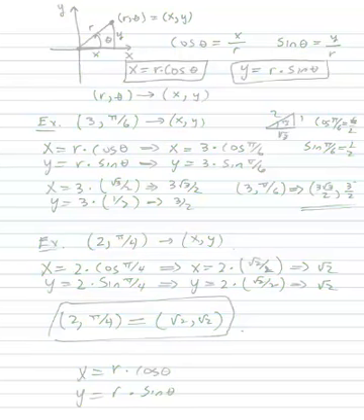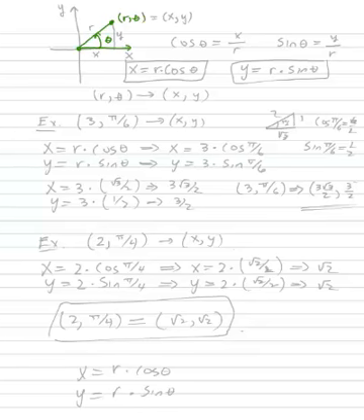Okay, in this video we want to convert from polar coordinates into rectangular coordinates. If this is the pole and here's the polar axis, and if we draw a point r comma theta, this is the directed distance r units, here's the angle theta, this point is r comma theta.